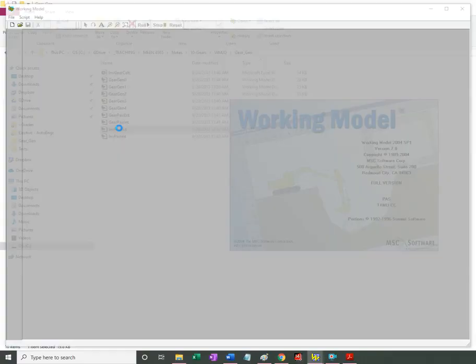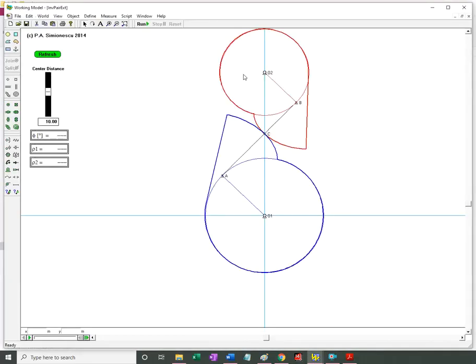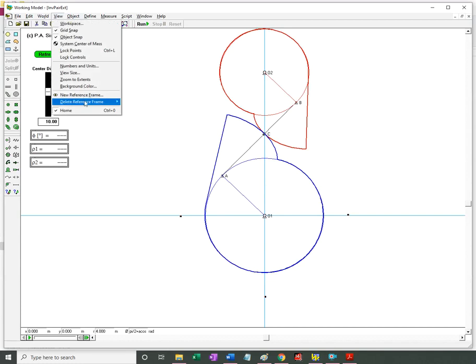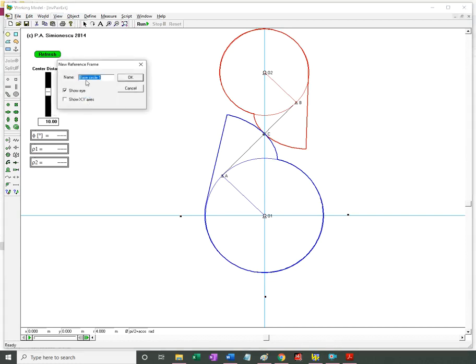And I'm going back to this, and I said now I'm going to view, new reference frame, and I'm using base circle 1 as the vantage point.